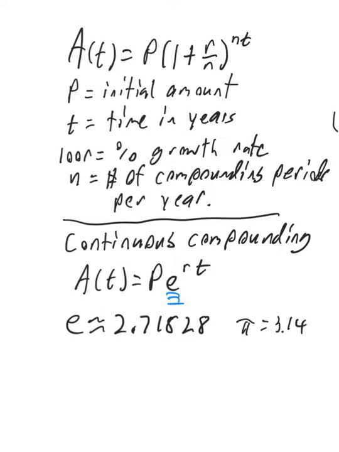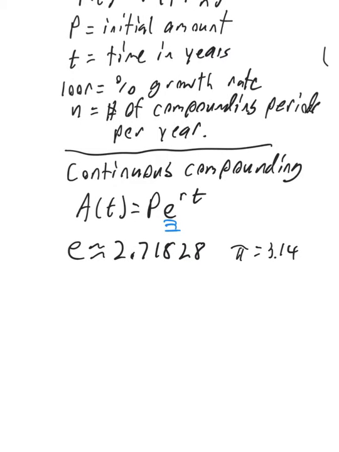It's just a symbol we use as a shorthand. Your calculator, including your iPad calculator, will have an e to the x button, and when you're doing problems that involve E, you'll use that button to do the calculation.